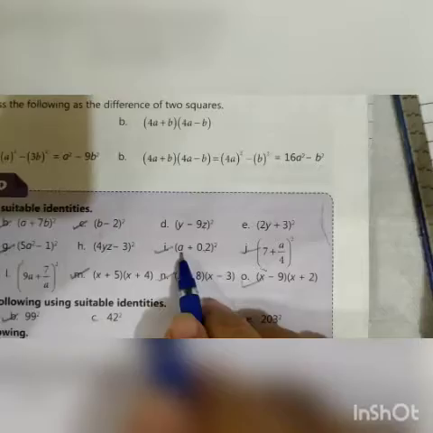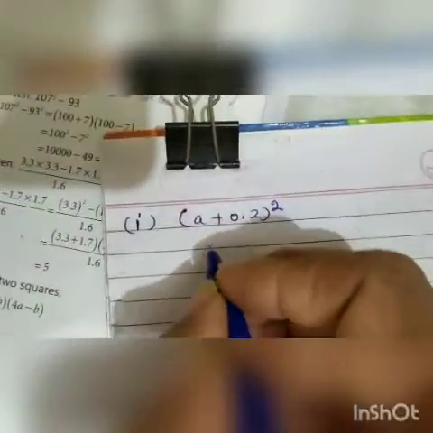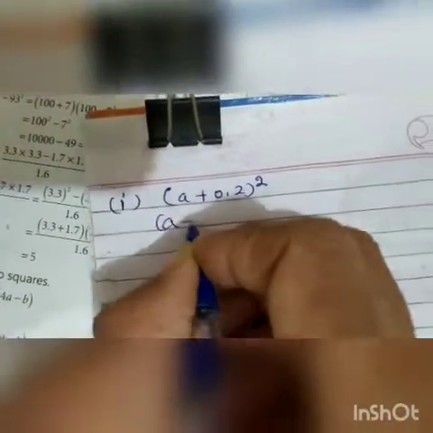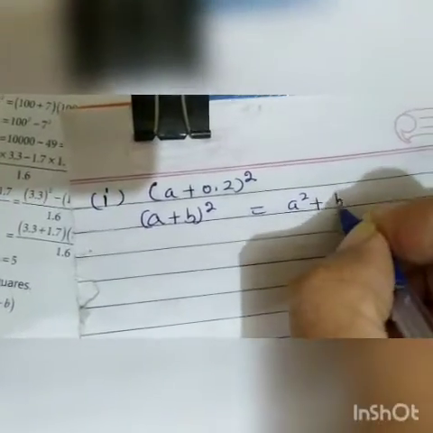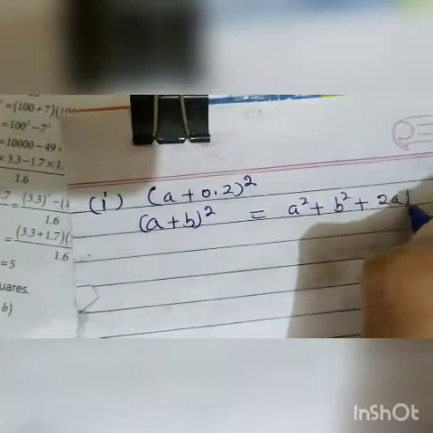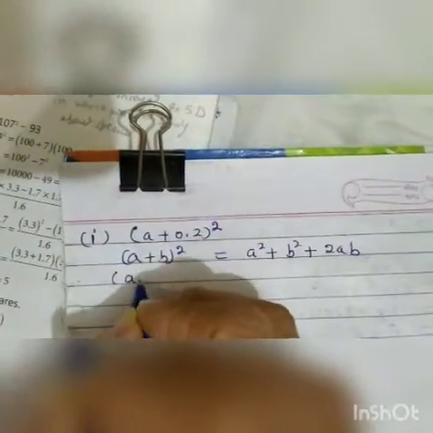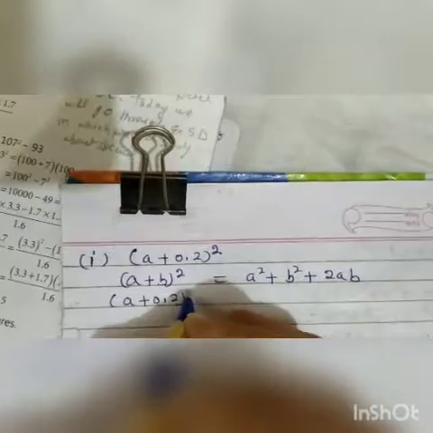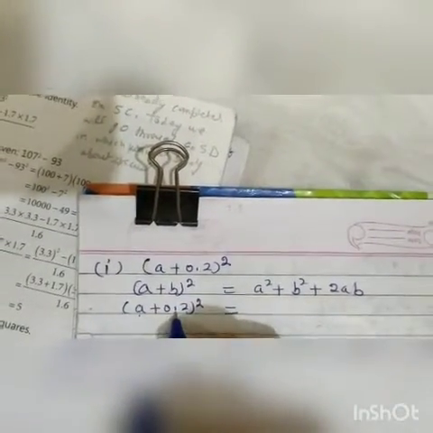Next part is I, a plus 0.2 whole square. Again we will write the identity. A plus b whole square is equal to a square plus b square plus 2ab. Now our question is a plus 0.2 whole square, first term is a, second term is 0.2.